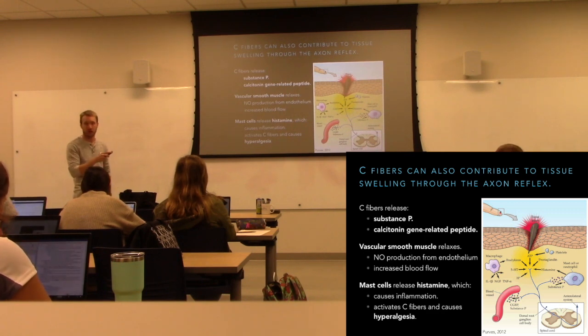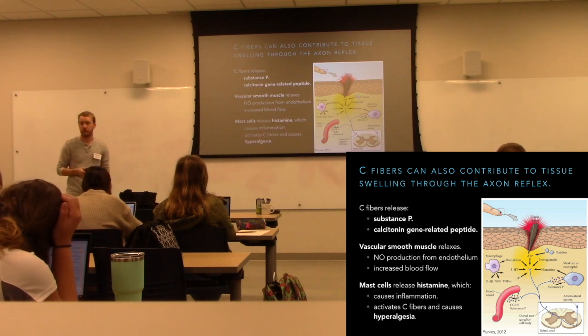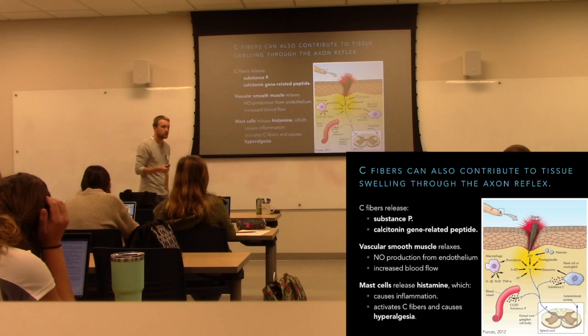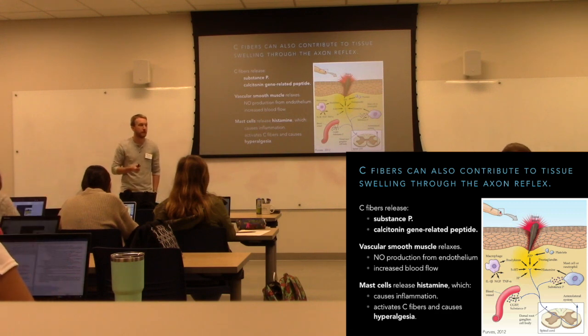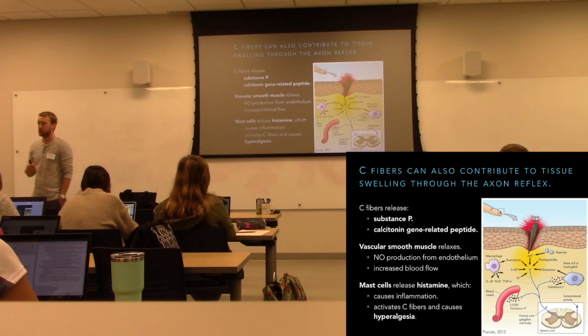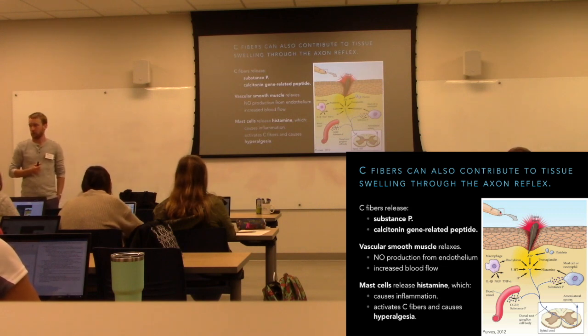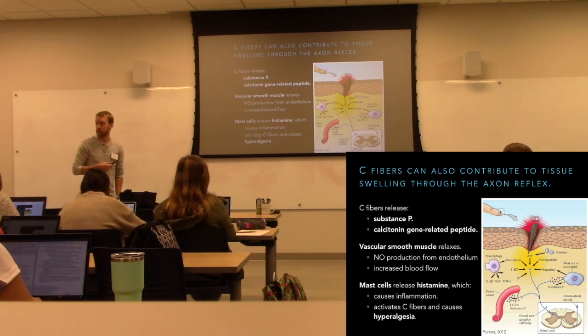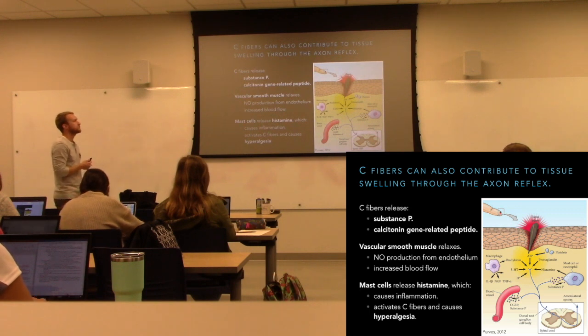So it's a positive feedback loop to make that damaged area a lot more sensitive to pain. That's hyperalgesia there. So this way, when you have a boo-boo, you don't touch that area. It needs to heal. If you've broken a bone in your foot, well, don't walk on that. It's going to hurt. We're going to amplify that pain peripherally, but also centrally too. If you want to go back and review that, that's all still true as well.